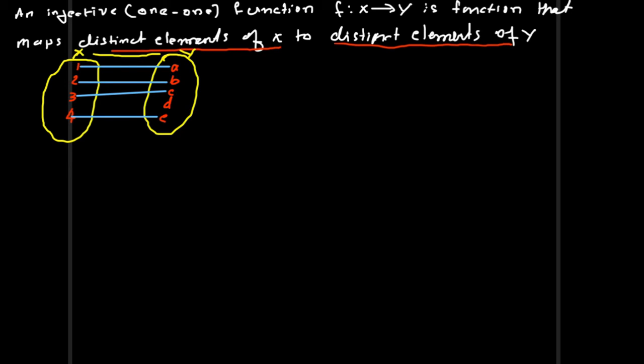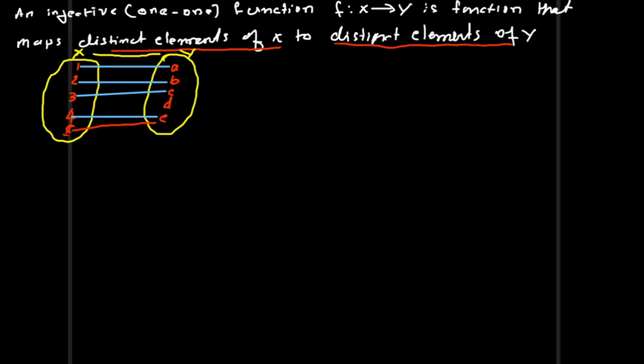Okay, suppose we take one more element, 5, and the image of this one becomes E. Now consider this function.